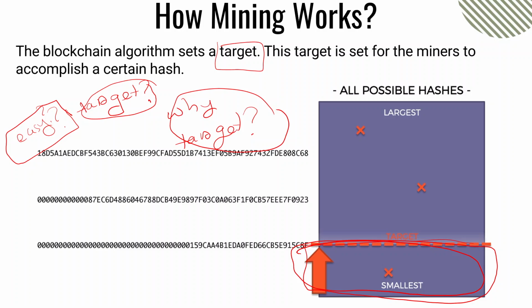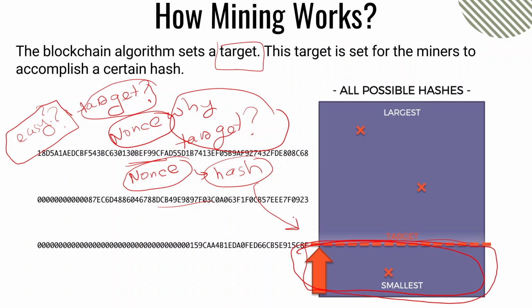So this is why he has to find a hash value, and this hash value should be in the target region. And as I said, this hash value is determined by the nonce value. So what a miner does is compute different nonce values and check if the hash generated from this nonce value is inside the target or not. So what is the flow?